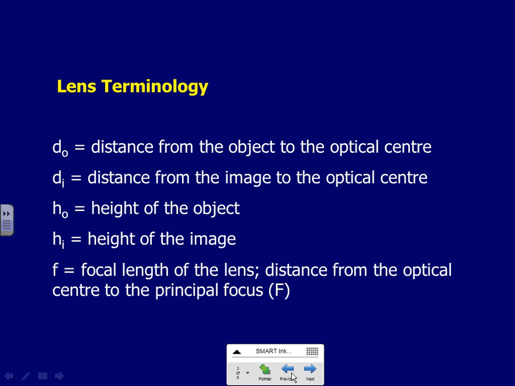Again, if F is positive, by the way, that's a plus with a plus sign. That's my short form way of writing positive. If F is positive, what type of lens do you think it is? We had this when we were doing the mirrors as well. I could have a negative F, or I could have a positive F. If F is positive, what do you think?